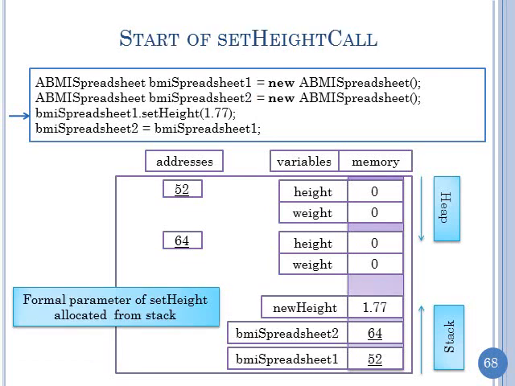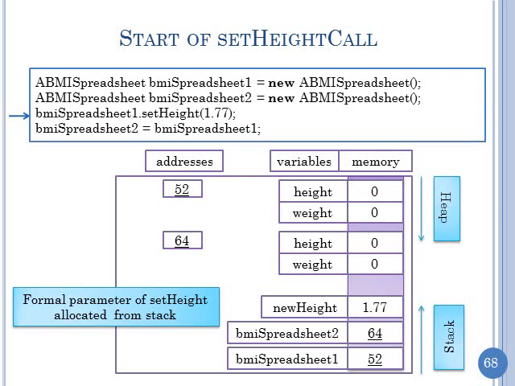So this set height is just one statement here, but if you do F5 in Eclipse and go into it, you'll see that it'll first create a new height variable. The 1.77 will get assigned there. This is at the beginning of the set height call, when nothing has happened. The formal parameter is assigned the actual parameter value. Okay?